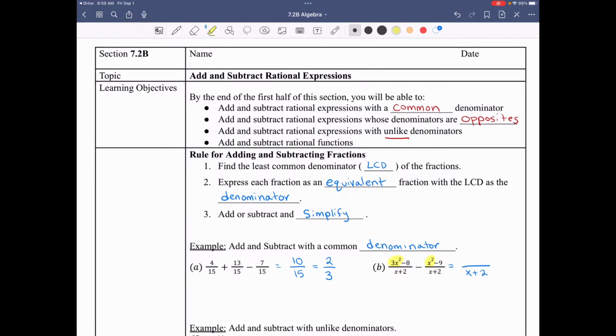And we're subtracting. So 3x squared minus x squared is 2x squared. Then we have -8 minus -9. Remember that we have to change that to plus, right? -8 plus 9, a negative is plus. -8 plus 9 is positive 1.